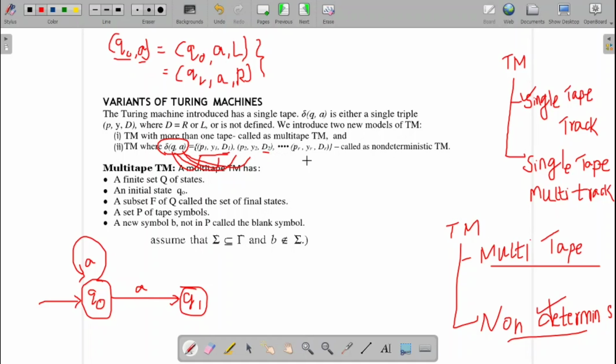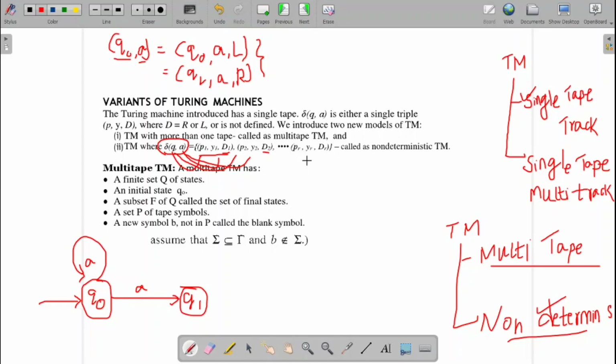Such combinations may be present, and such a scenario we call a non-deterministic Turing machine. The rest of the things remain the same, that is, the states and all. Only the delta function varies: we may have more than one transition for the same state and the same tape symbol.